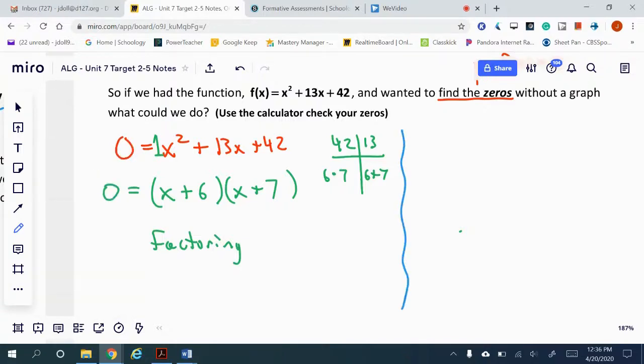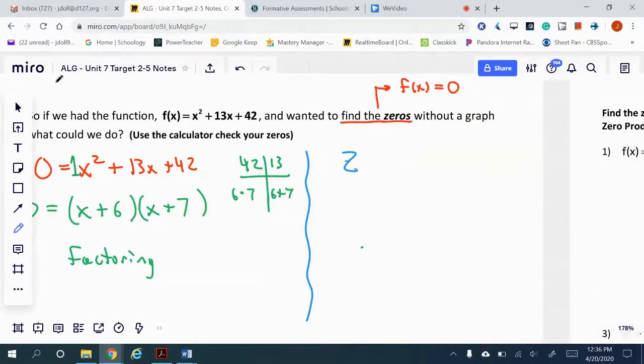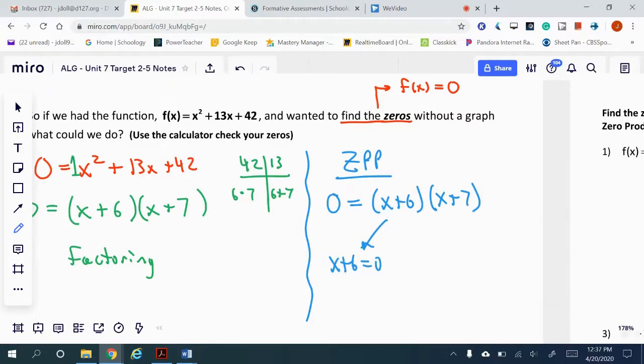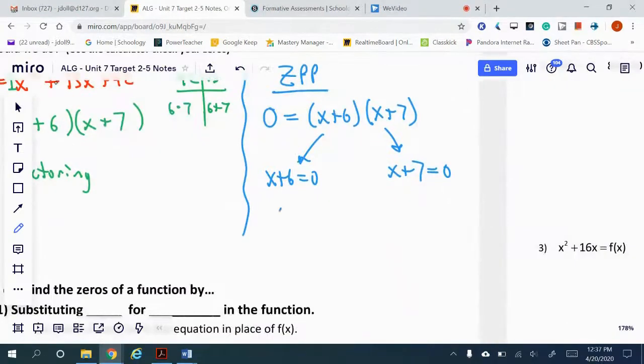All right, so let's come over here. Now that factoring has done its job in the ring, let's pick up with zero product property. So we have this equation, x plus 6 and x plus 7 equal to 0. Well, in one world line, in one situation, x plus 6 is equal to 0 and makes this equation true. In another world line, x plus 7 is equal to 0 and makes this equation true.